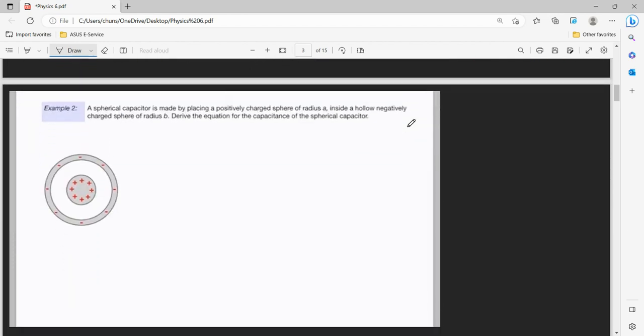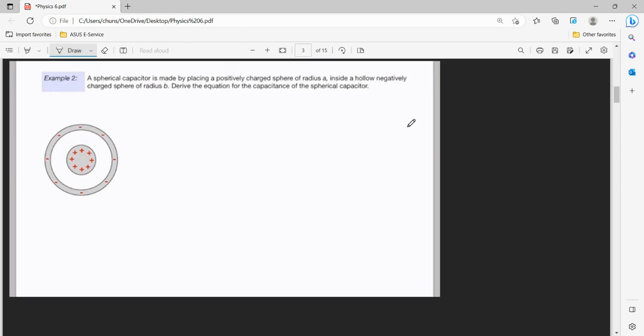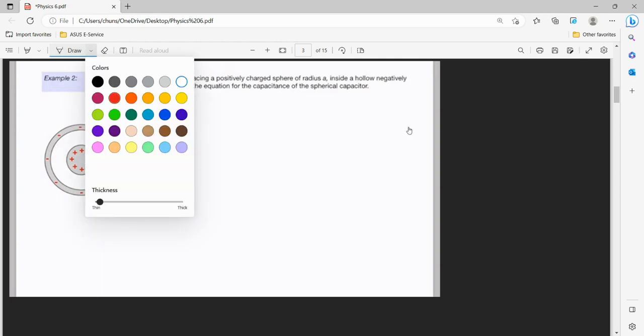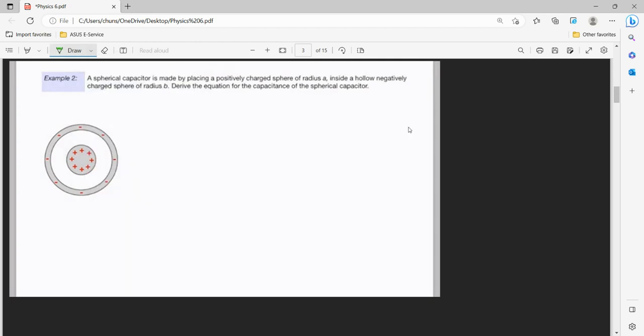In our next example, we are going to be talking about spherical capacitors. So we have a sphere inside and a shell that surrounds it. And we want to derive an equation for the capacitance of the spherical capacitor. So let's start by finding our potential difference.